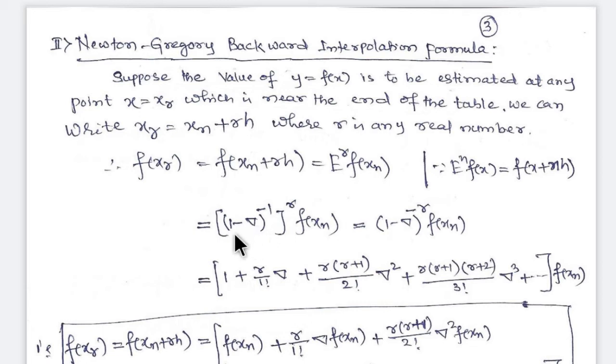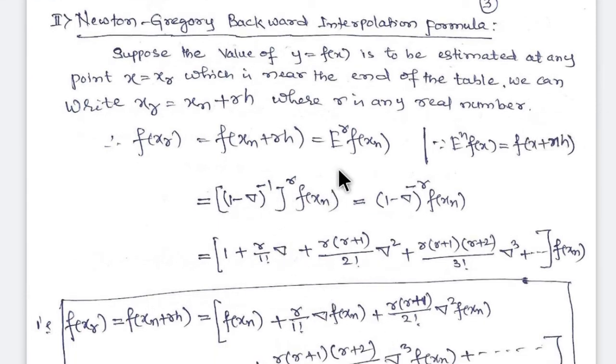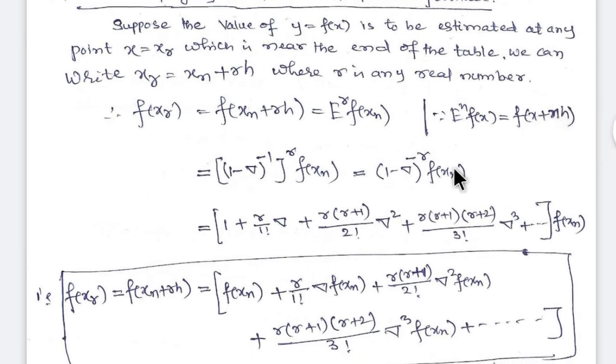This is (1 minus del) raised to minus 1, raised to r, you can write. We have proved this. E is equal to (1 minus del) raised to minus 1, operating on f of xn. This is equal to (1 minus del) raised to minus r, by laws of indices, f of xn.